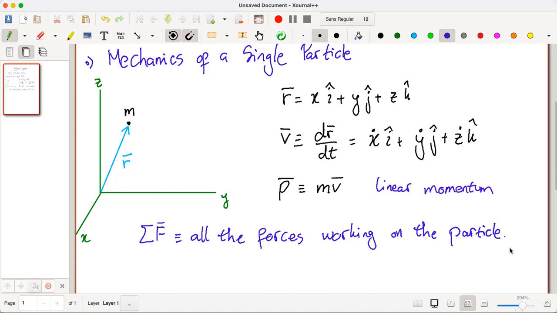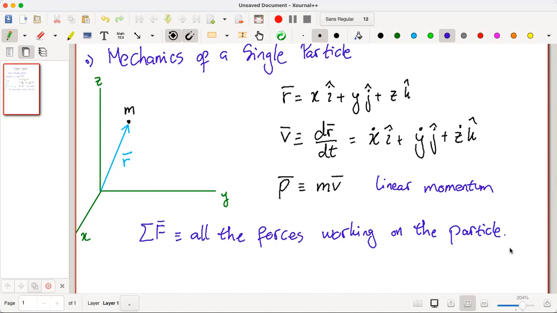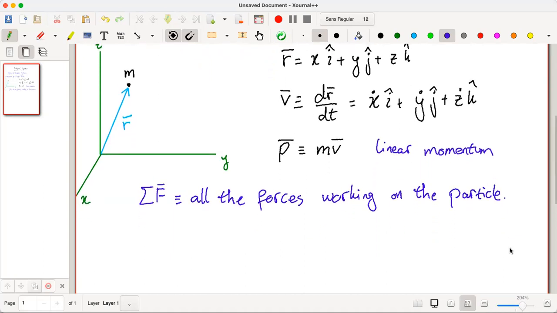Okay. And so Newton's second law states that the resultant of all the forces working on the particle is equal to the rate of change of momentum over time.